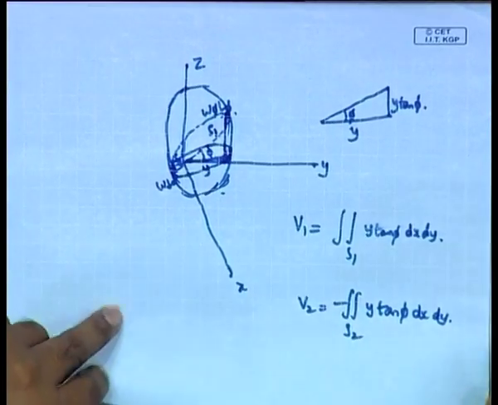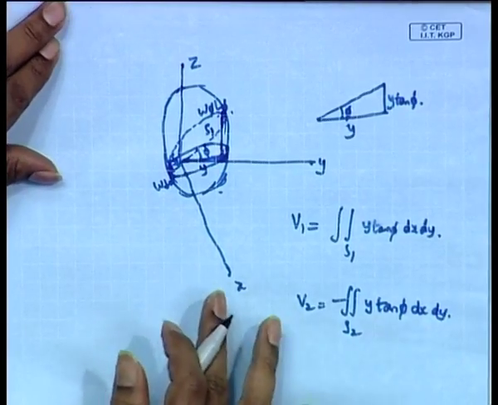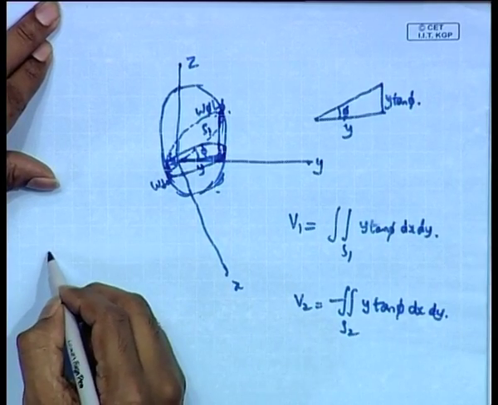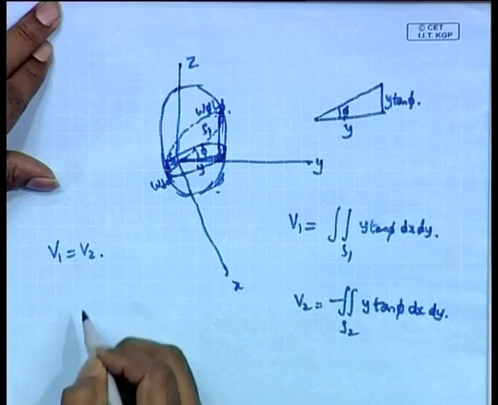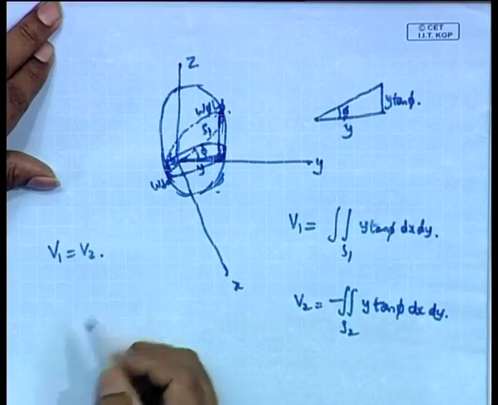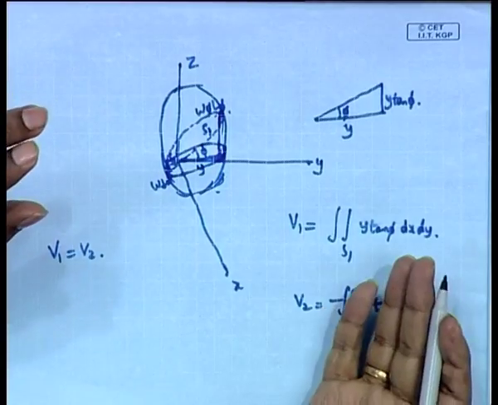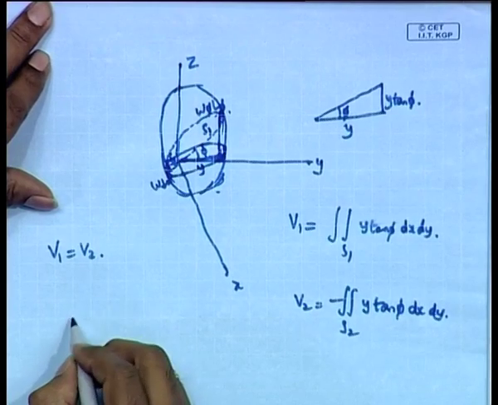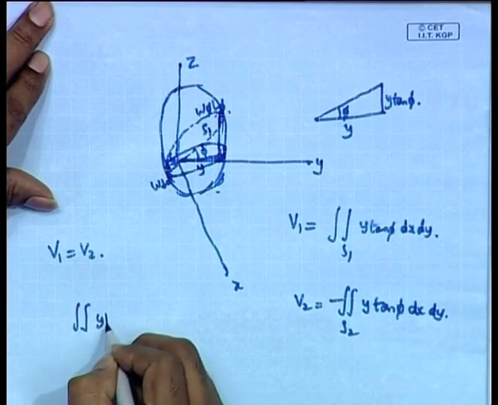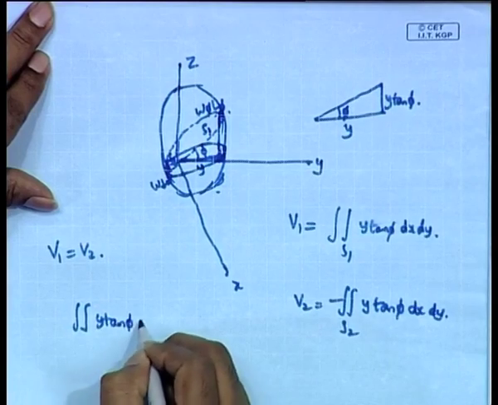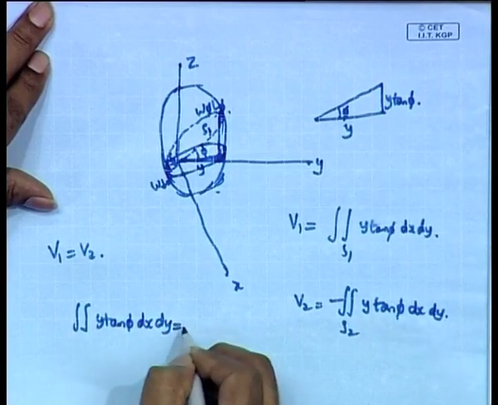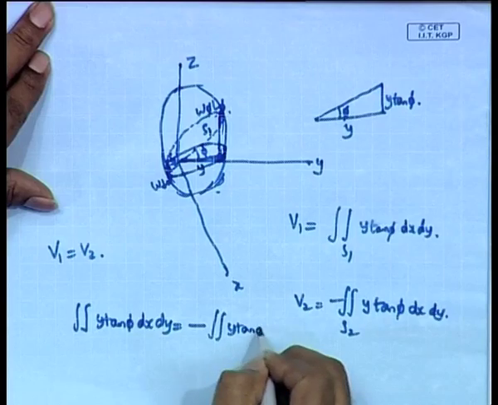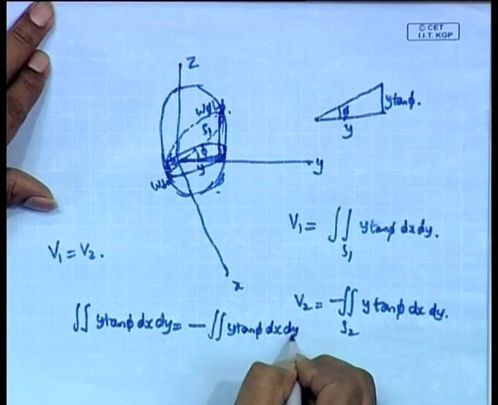Now from our definition of the type of body, V1 is equal to V2, that is the amount of volume that has submerged is equal to the amount of volume that has emerged. Therefore, the double integral of y tan phi dx dy over S1 is equal to minus the double integral of y tan phi dx dy over S2.